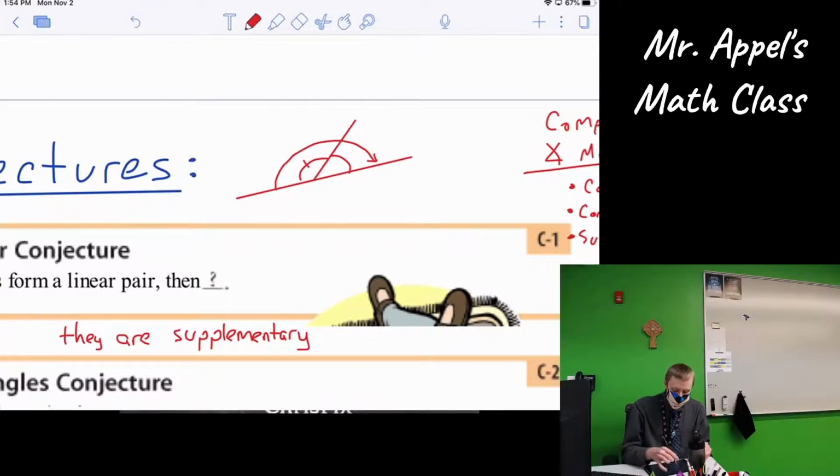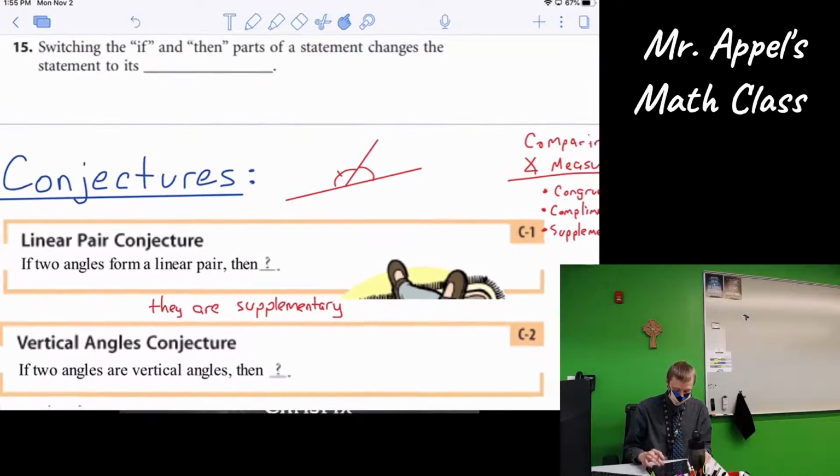Turns out supplementary is going to be a lot more common of a relationship than complementary. Keep that in mind until we get to right triangles. Okay? So these ones will always be supplementary.